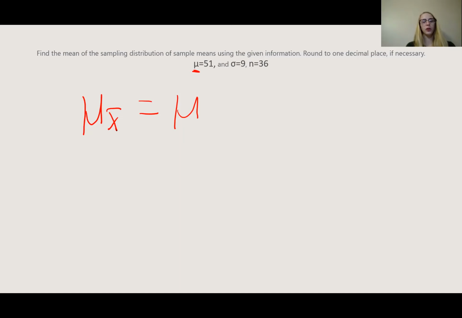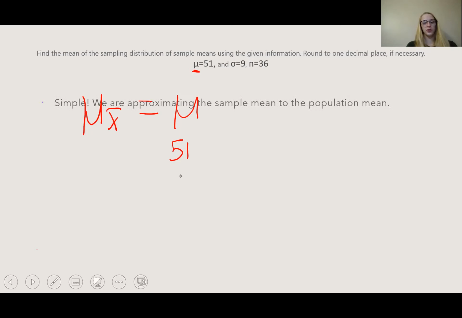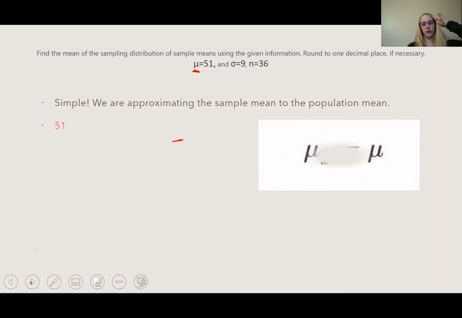If these two are equal, then the 51, that is for mu, would be equal to the sample as well. So again, like I said, this is rather simple compared to what we might think it is, but really, we are just approximating the sample mean with this formula here.